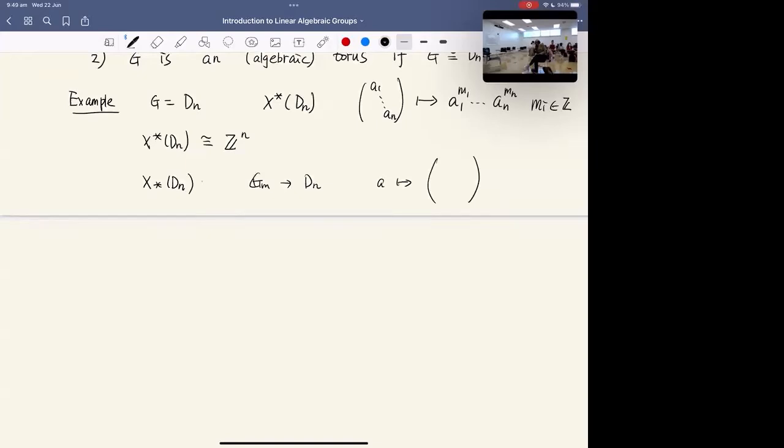So what if I tell you that this is also isomorphic to Z to the n? So then what should we put? Is it similar to what we just did? Different powers. Very good.